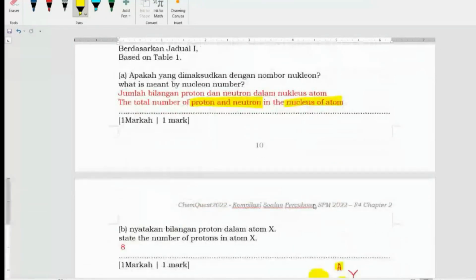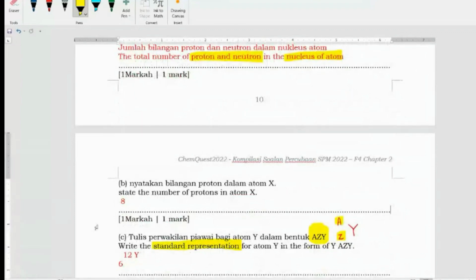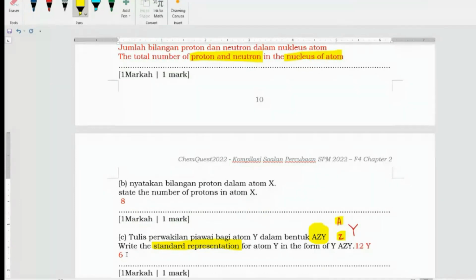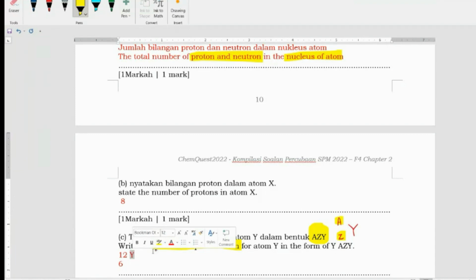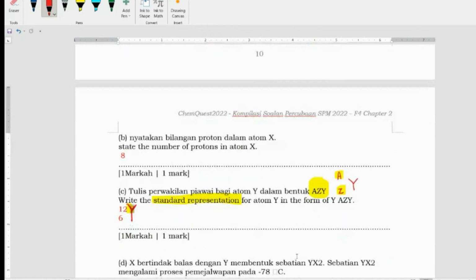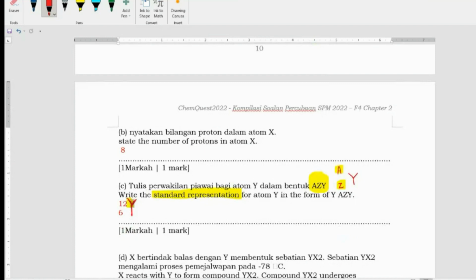So your answer should be like this. Okay. Y should be at the middle like this. Should be bigger like this. Y letak besar sikit. Lepas tu 12, 6. Macam ni. This one is a standard representation. Okay. Next question.